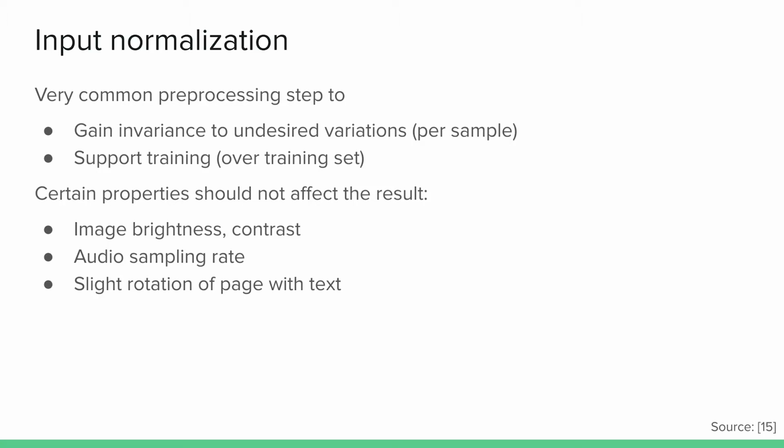The underlying assumption is the following, that certain properties of our data are relevant and other properties are not. And the network should learn to distinguish between things that are relevant and that are not relevant.